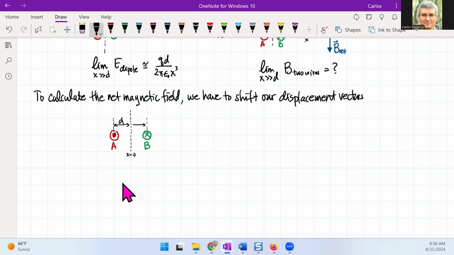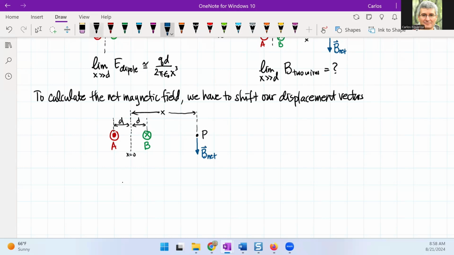I know that this distance here is d. But if I pick my point here to be point P, then the distance between here and here is going to be my distance x. So we know that the net magnetic field at this point has to be pointing in this direction right here.